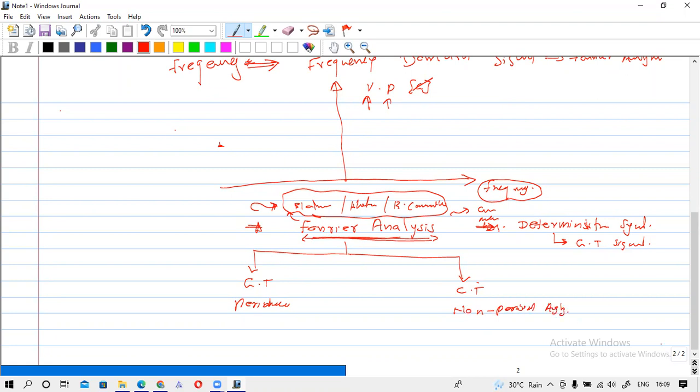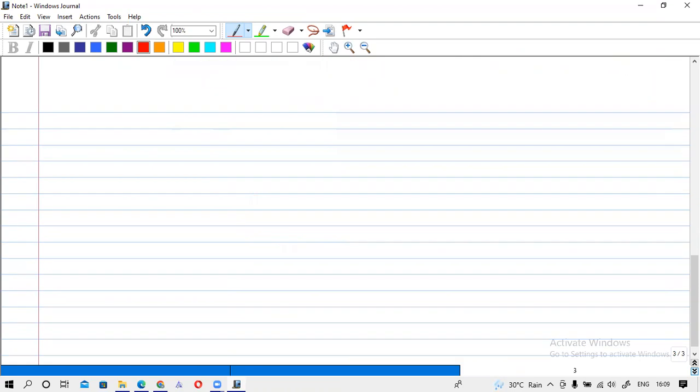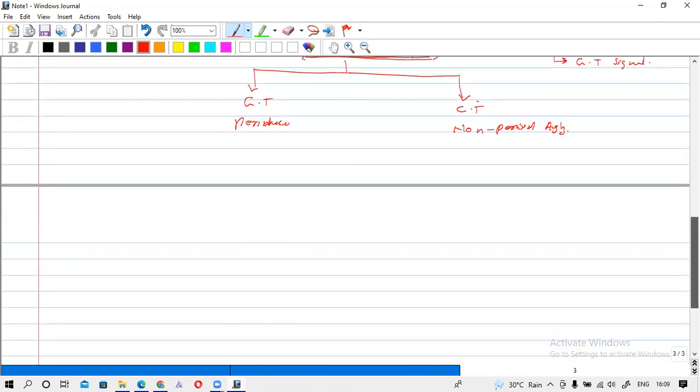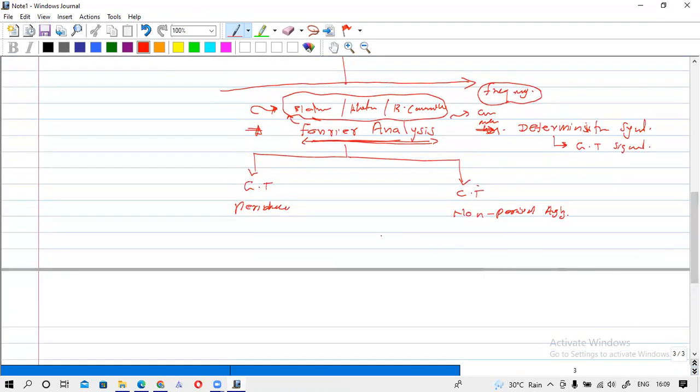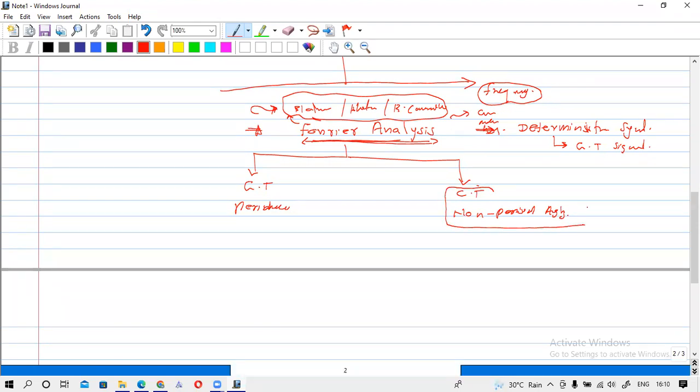Mainly we hope to discuss these two aspects. I can't remember, maybe in this course we are not going to learn about continuous time non-periodic signals. I think it is in Signals and Systems 2.